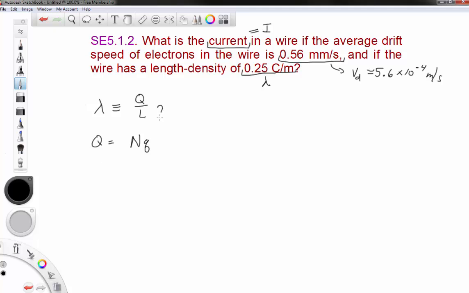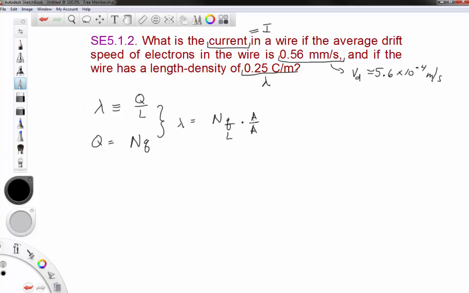So if you combine these two together, you get that lambda is equal to N times Q over L. Now what I'm going to do is multiply this by and divide it by an area. This is what might be called a clever version of 1.